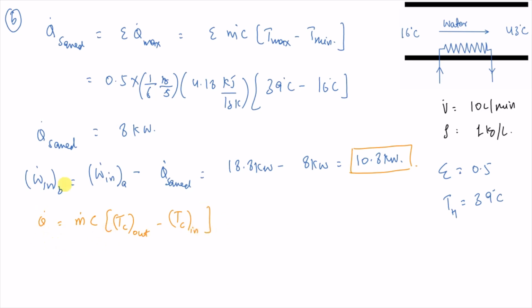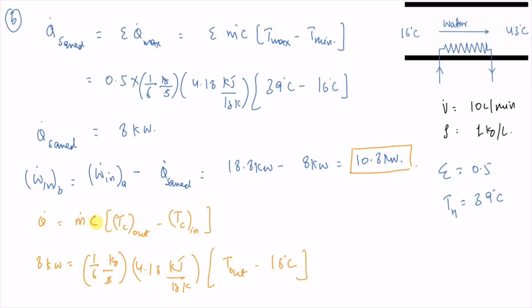So Q dot we have obtained as 8 kilowatt, and m dot we have 1 by 6 kg over second, and C we have 4.18 kilojoule over kg Kelvin. TC out we have to calculate, minus temperature in we have 16 degrees Celsius.